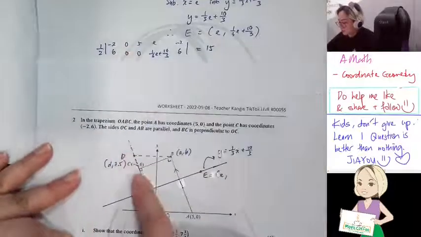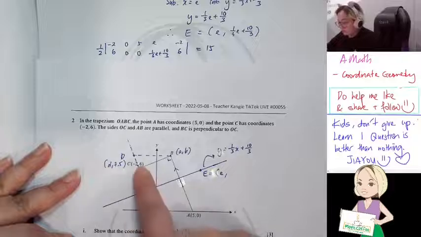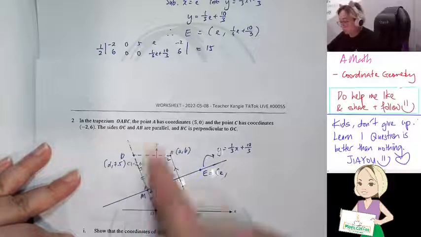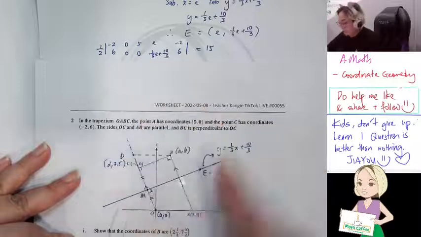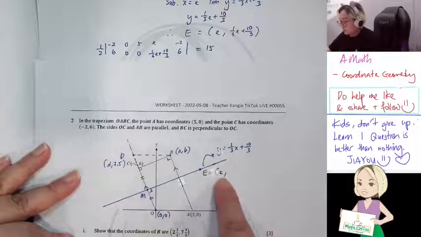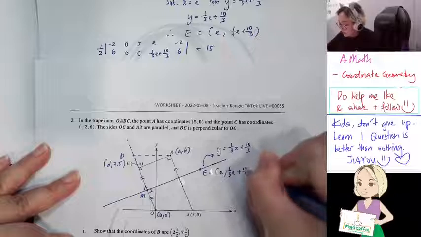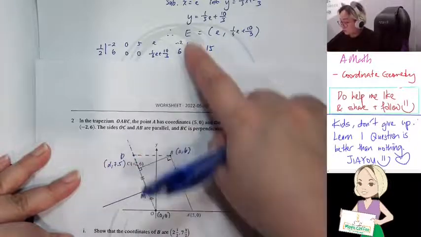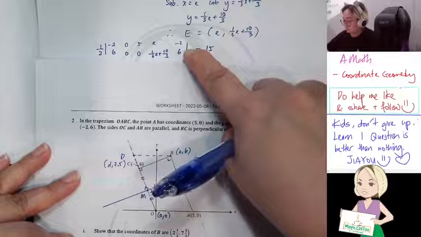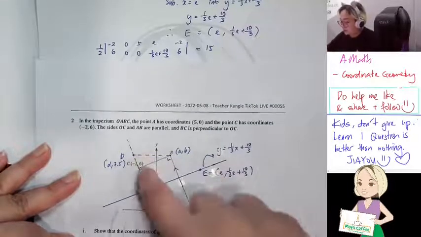Minus 2, 6 is this point, and I have to go anti-clockwise. After minus 2, 6 is 0, 0. After that is 5, 0. After that is this point here, which is E, so this one is 1/3 E plus 10 over 3. Then go back to my C, which is minus 2, 6, because I want to find OAEC.